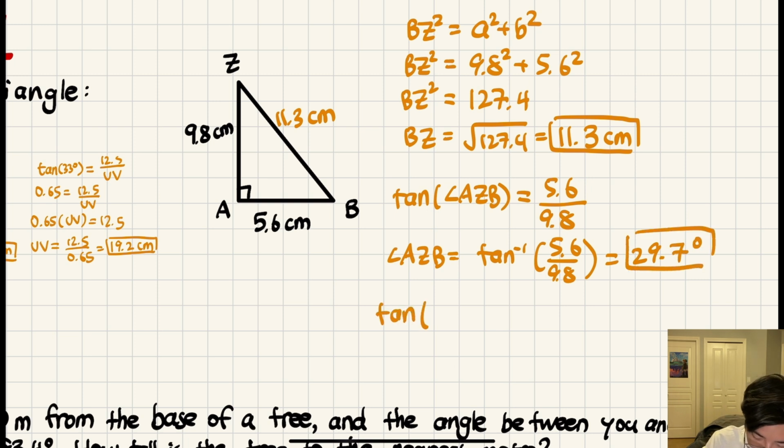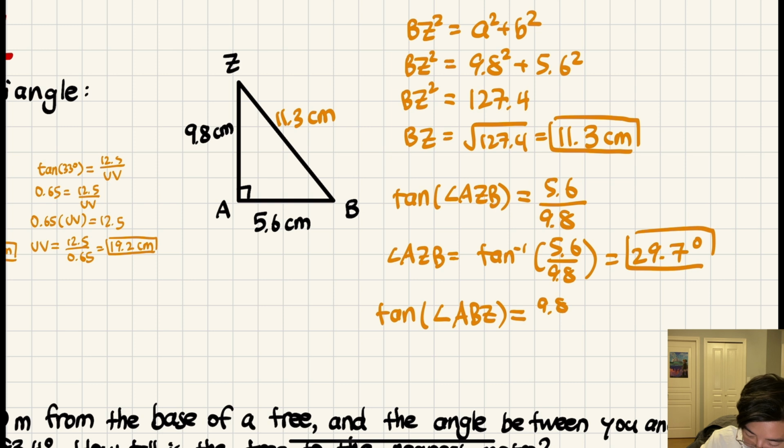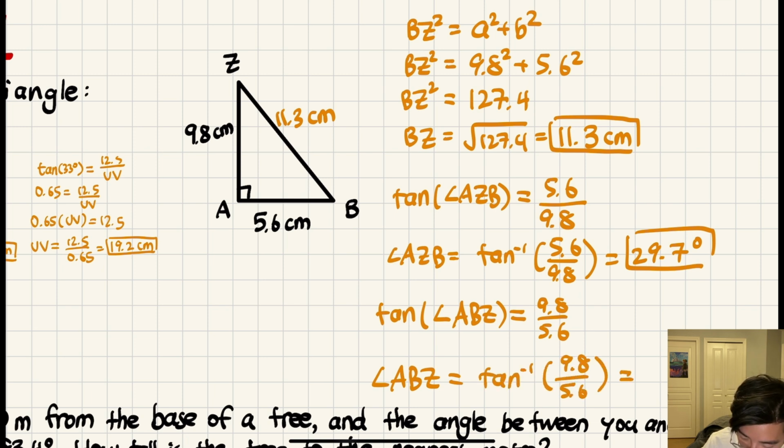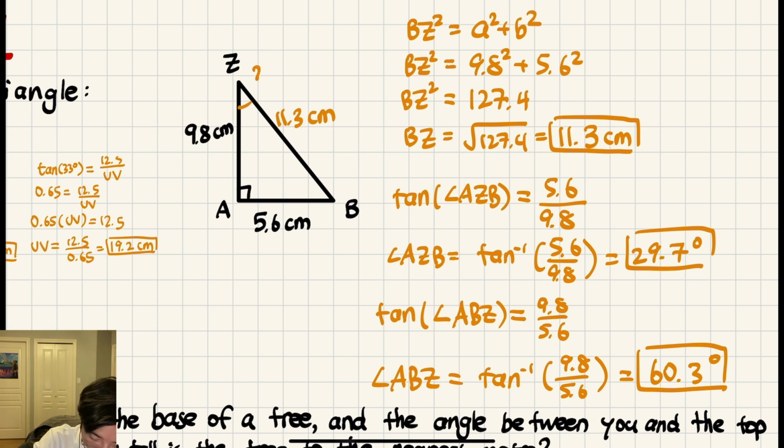And similarly, the tangent of the bottom angle, angle ABZ, is opposite 9.8 over adjacent 5.6. So angle ABZ is just the inverse tangent of 9.8 over 5.6, which is 60.3 degrees. All right, and there we have it. This angle is 29.7 degrees. This angle down there is 60.3 degrees.